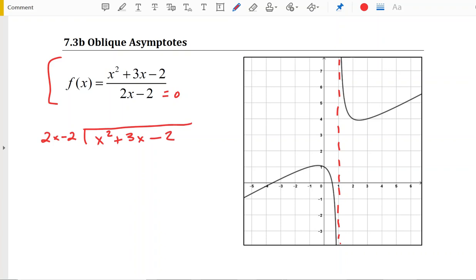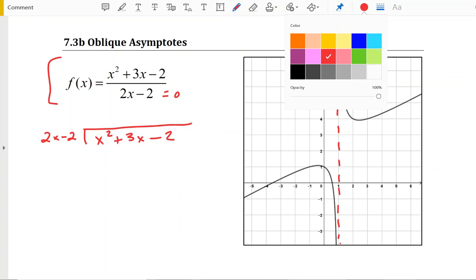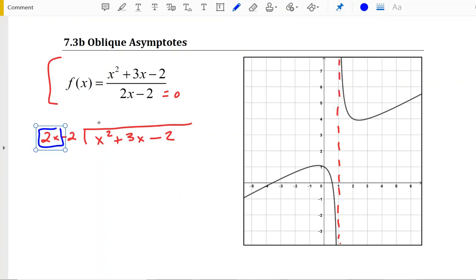This is a brief reminder of how to work through a long division. I want to see how many times 2x will go into x squared, and that's going to be 1/2 x times. Then I will multiply 1/2 x times 2x is x squared. 1/2 x times -2 is minus x. Just like normal long division, I want to subtract.